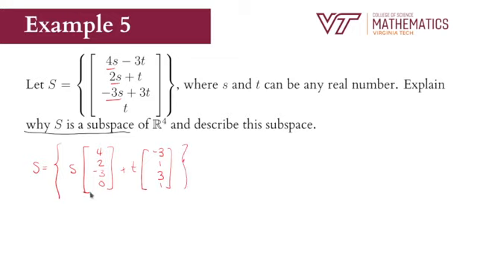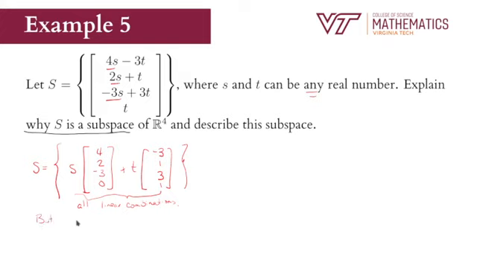And these are linear combinations. And since s and t could be any real number, in fact, we get all linear combinations this way. And by definition, the set of all linear combinations is a span.